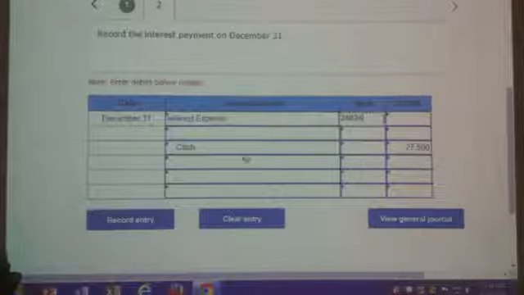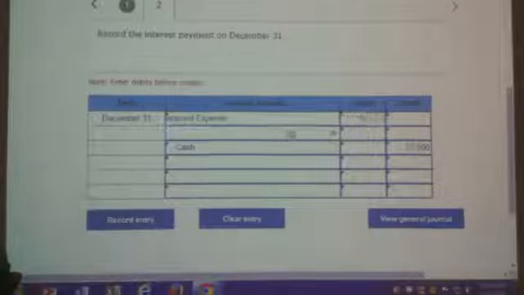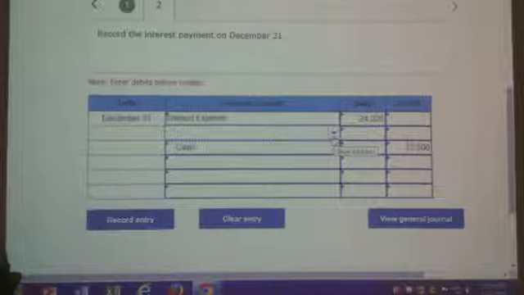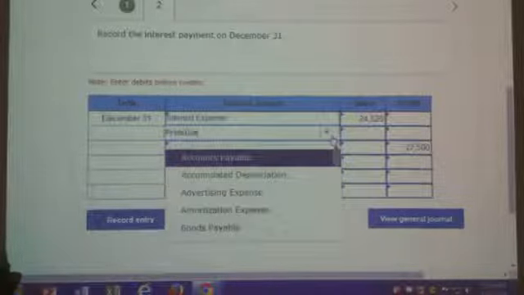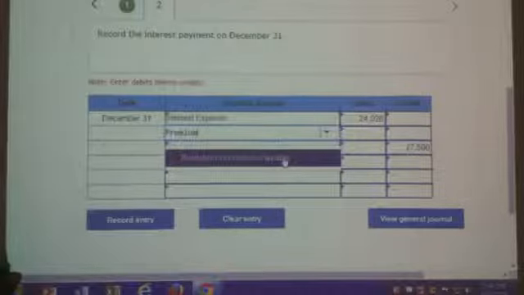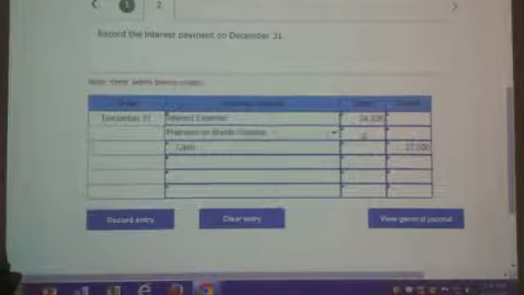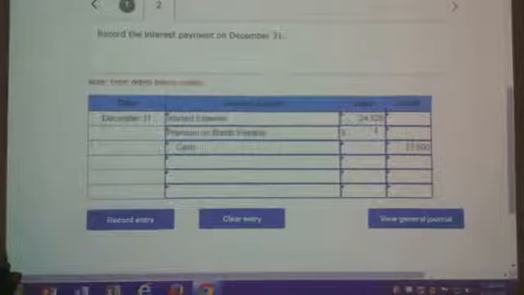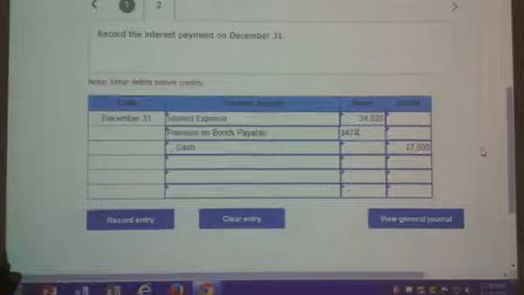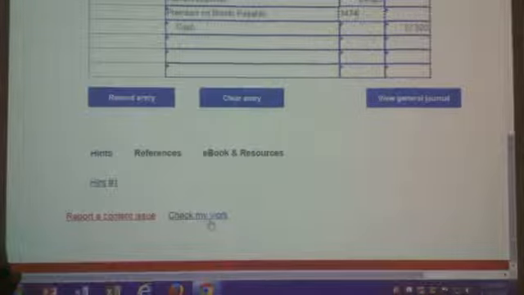The difference is the amount that will be amortized to the premium, and the difference here is 3,474. Okay, go and check our work.